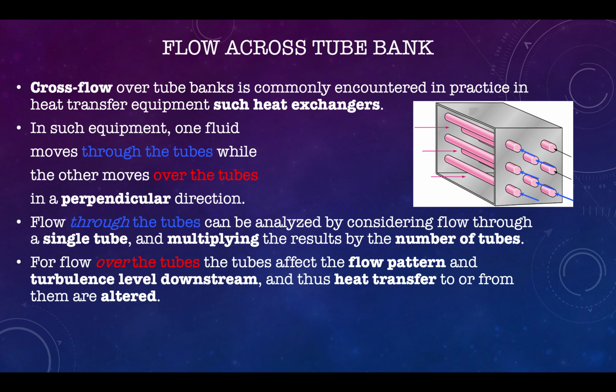Cross flow over tube banks is commonly encountered in practice in heat transfer equipment such as heat exchangers. For example, in this figure we have cross flow and tubes. Cross flow means that the flow is crossing the external tubes.